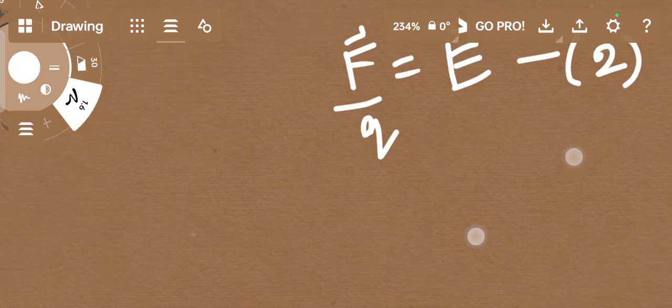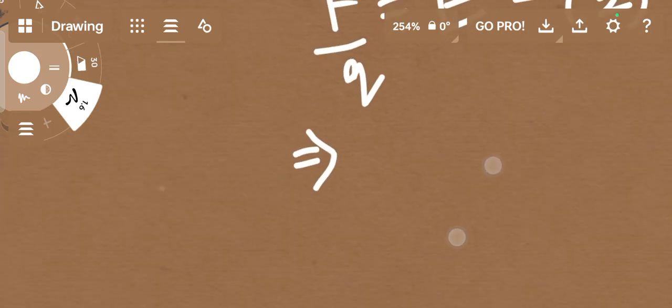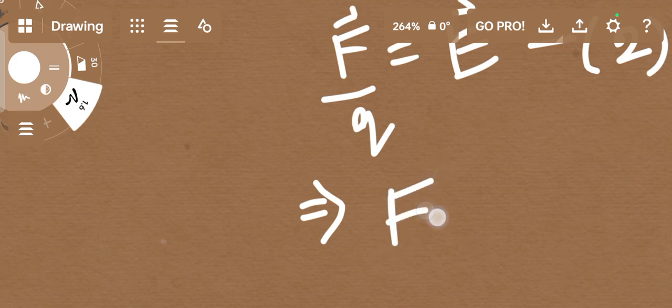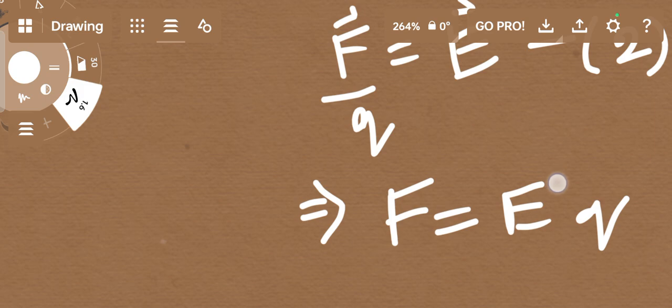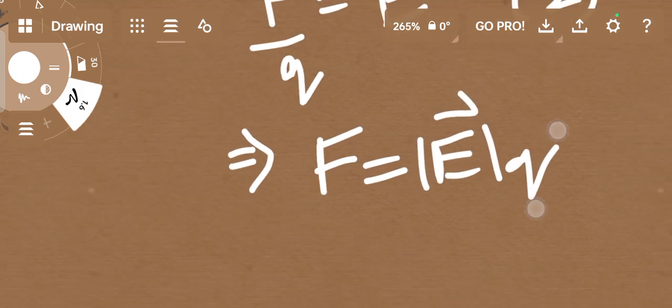Now simplifying this second equation, what we can write here is F equals E into Q. Let us take the magnitude of this electric field.